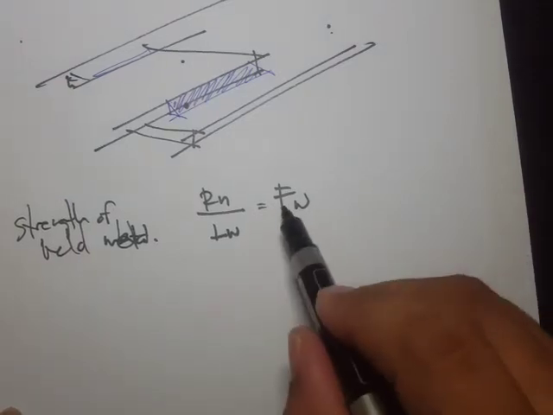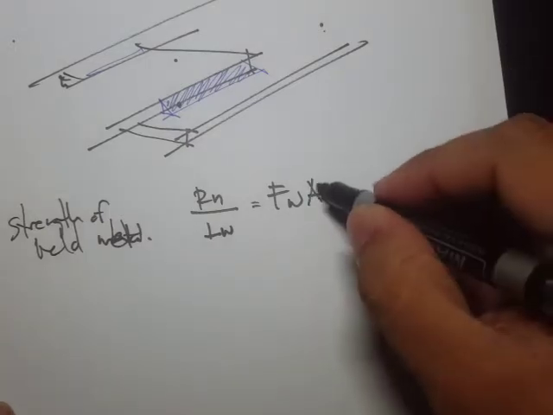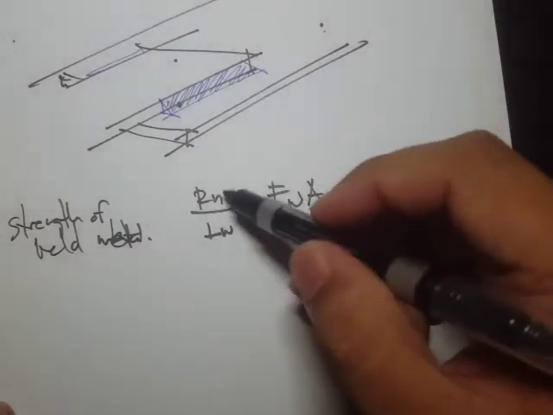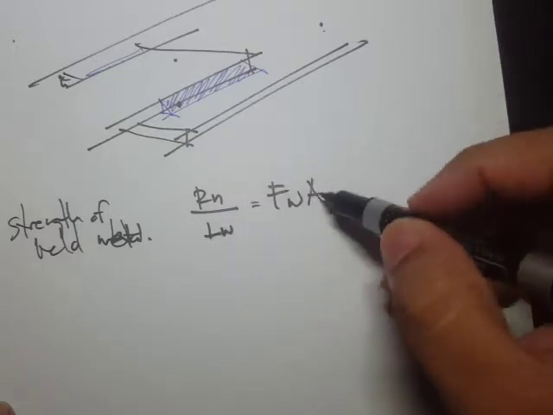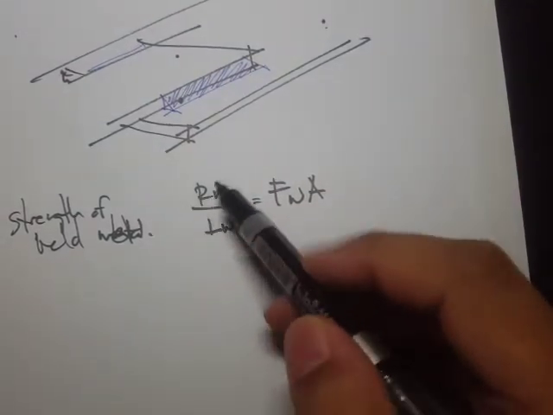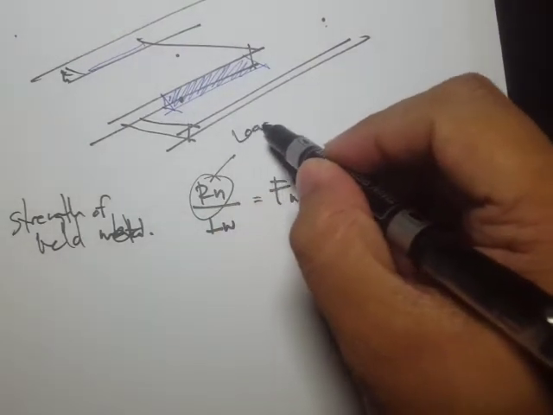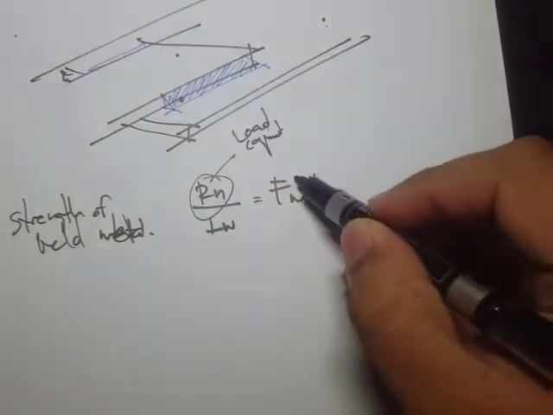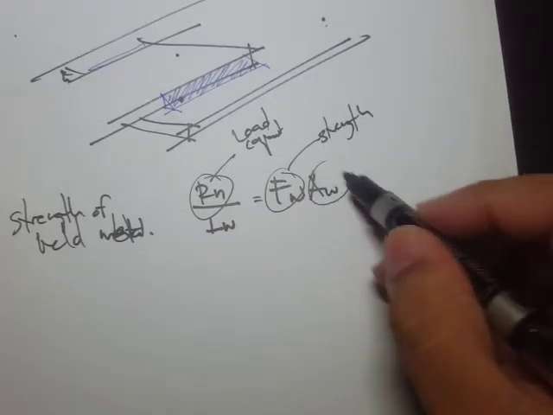That's the strength of weld, that's F sub W, times the area. So strength is simply this capacity, strength in terms of the load. This is the load capacity. This one is the strength, and this one is the area of the weld.